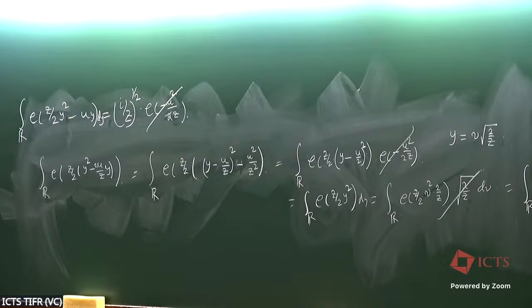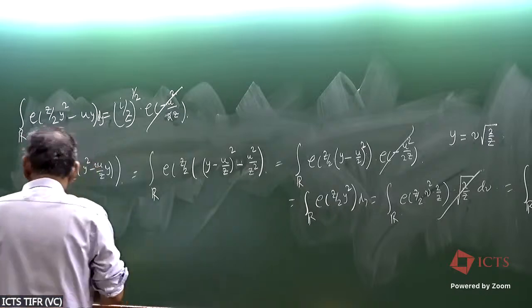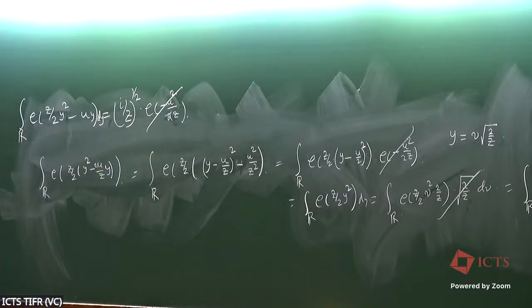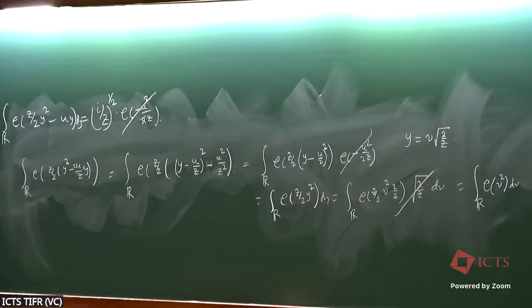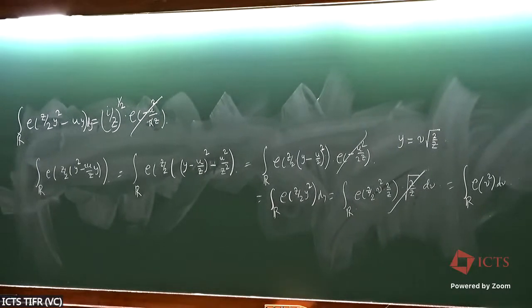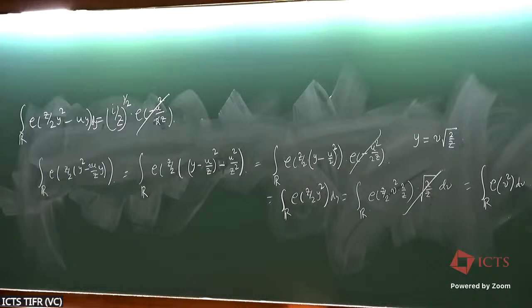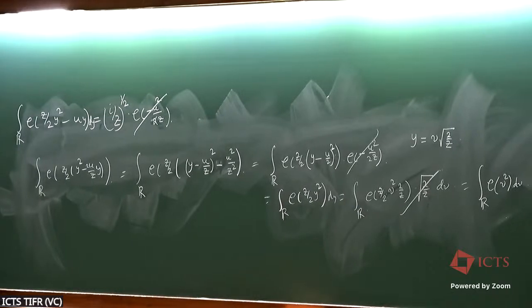Therefore, let's do that. Because it is v square, I can even take 0 to infinity, e of v square dv.